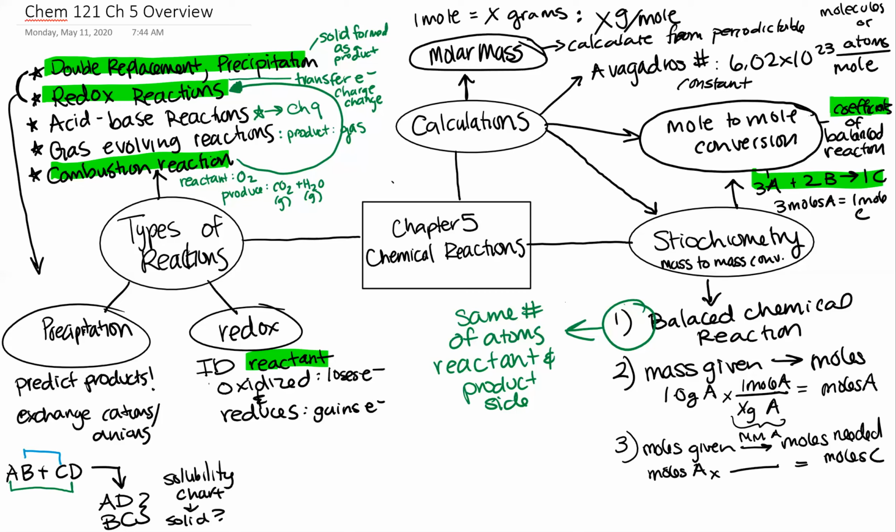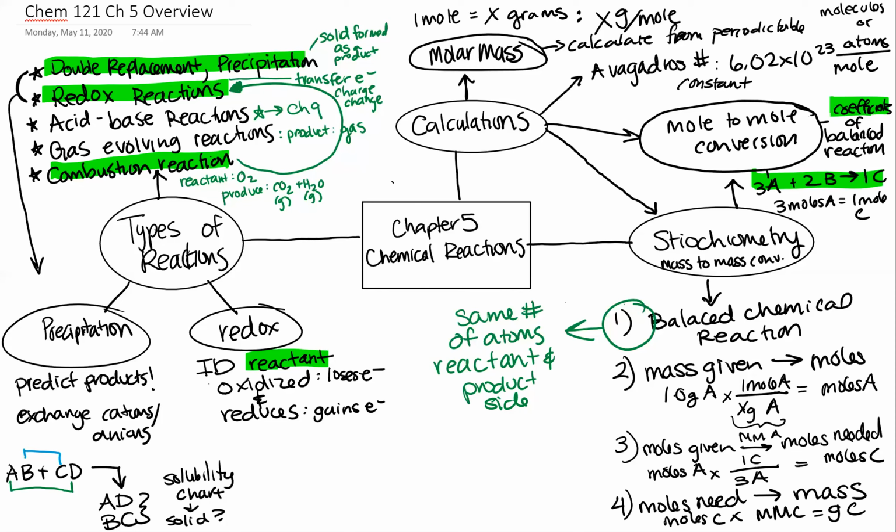That's going to be that coefficient of 1 for C and 3 for A. And then lastly, I'm going to convert those moles of C into mass, multiplying by the molar mass of C to get the mass in grams of my product C. And that's our basic set of steps for stoichiometry problems in general.